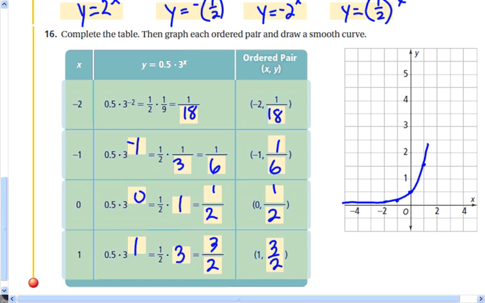Maybe we should do one more, let's do 2. So 3 to the second is 9. So we got half times 9, and that's 4.5. So one more value, at 2 is 4.5, so that's right there. So there's our curve.